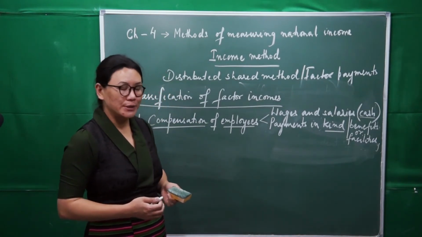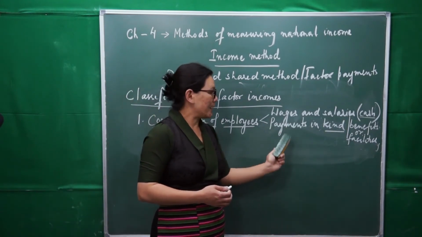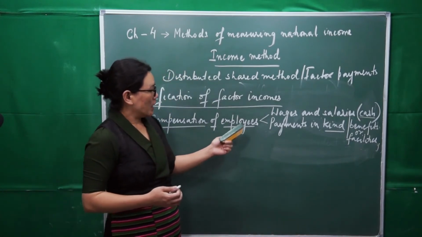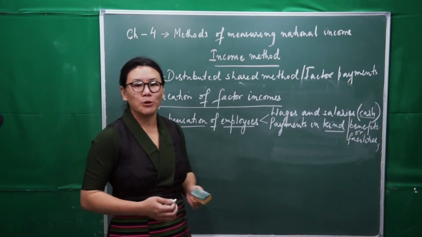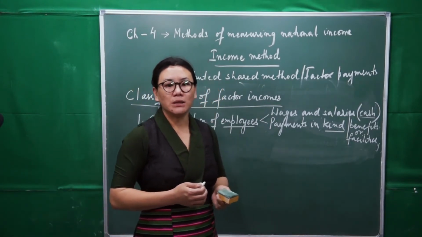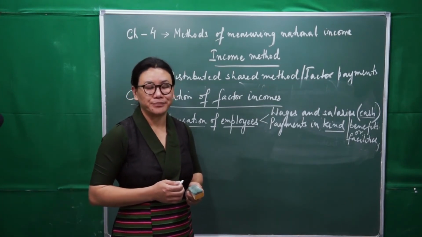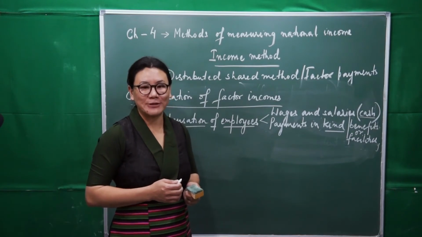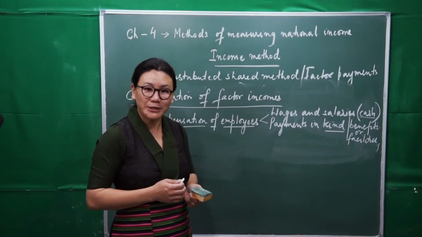Is that clear? Okay. Now let me take some examples here. Payments in kind. Say for example, rent-free accommodation, medical facilities, free medical facilities, education benefits to their children, right?